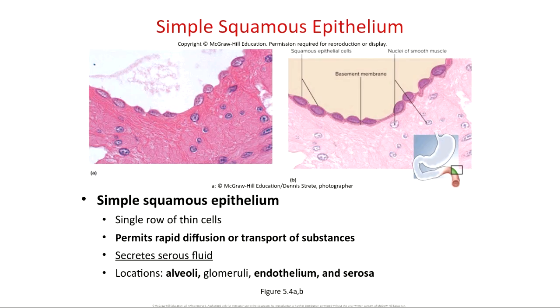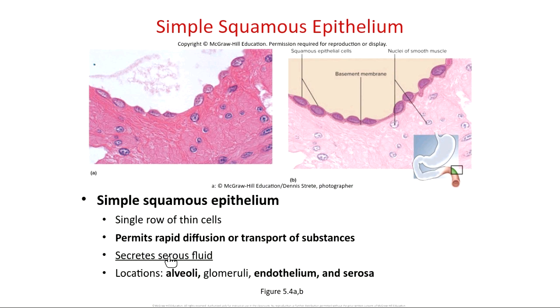All right, again, I'm going to give examples of all these. I really don't want to dwell too much on it because I feel like you've already studied this stuff in lab. All right, simple squamous epithelium. Remember that simple squamous epithelium, one type, you have endothelium and mesothelium. We're going to have secretion of fluid, right?